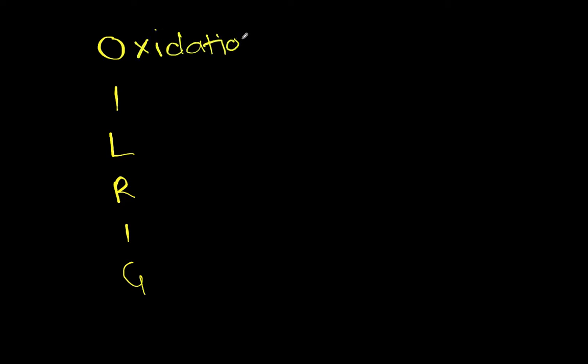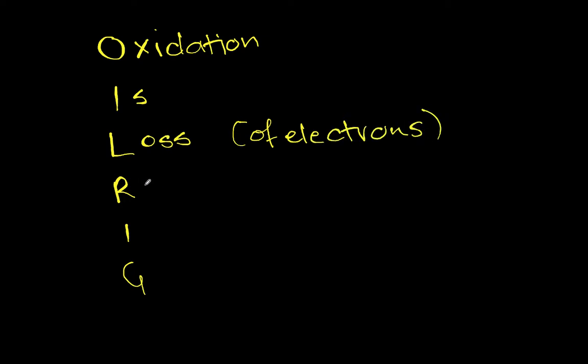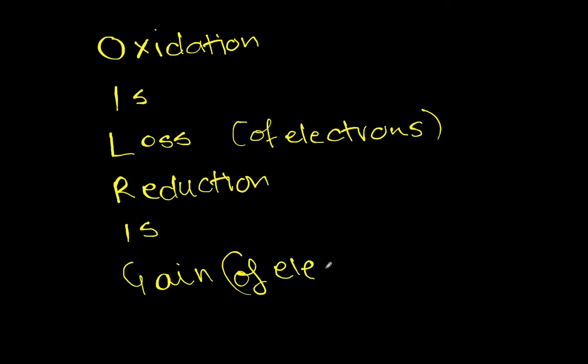Now here is how I like to remember oxidation and reduction. I like to think of it as OIL RIG. So OIL RIG to me is: oxidation is loss of electrons, and reduction is gain of electrons.